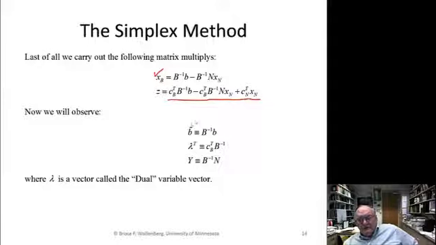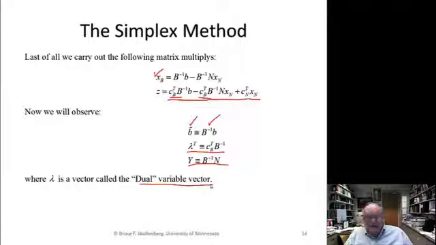So we like to say that this b inverse b is b tilde, lambda transpose is cb times b inverse, that's this thing in here. And last of all, I'm going to call b inverse n the matrix Y. Lambda is called the dual variables or the dual variable vector.